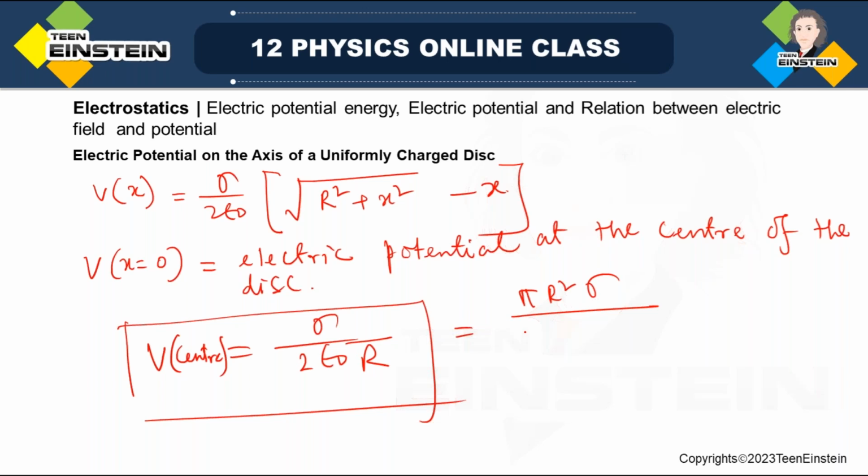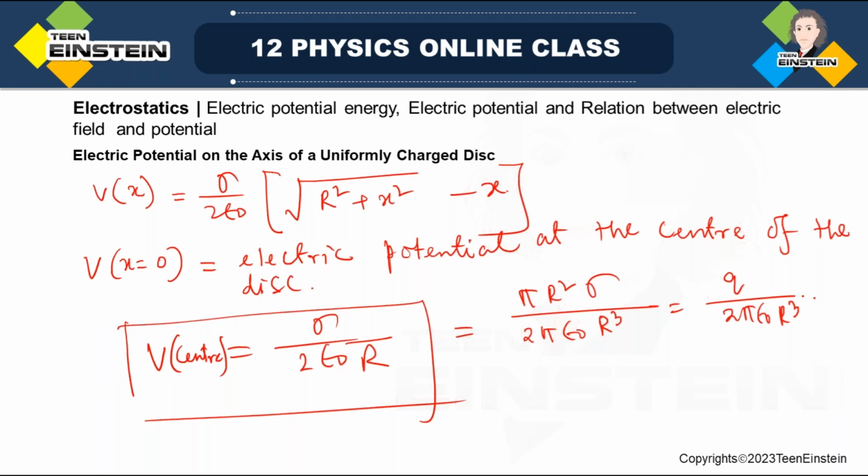So 2 pi, r square we have multiplied, so 2 pi sigma r cube, or q by 2 pi epsilon naught r cube. So this we can write for the center.